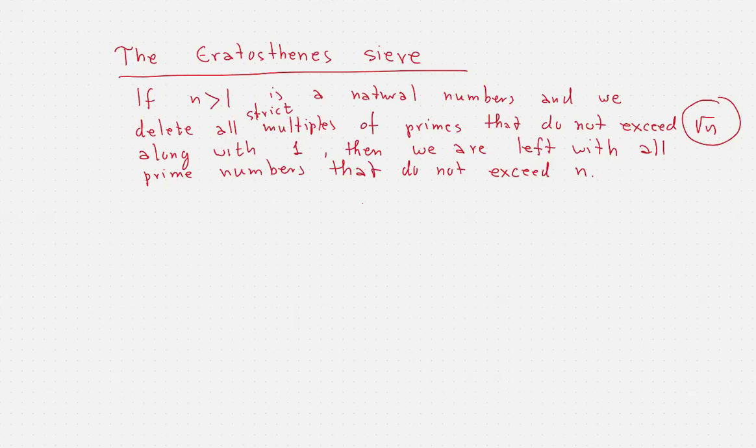And of course, here we use a statement for which there is a separate video, according to which if we have a composite number, then there is a prime divisor of it which does not exceed its square root.